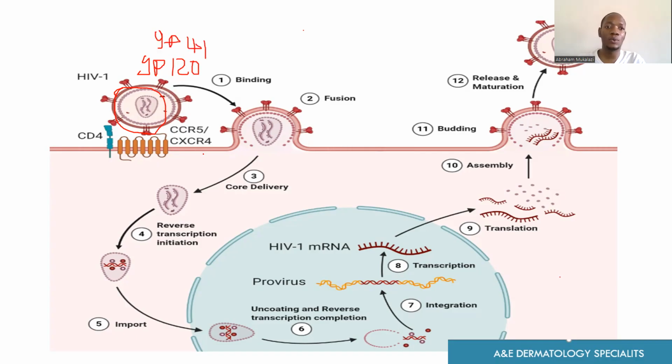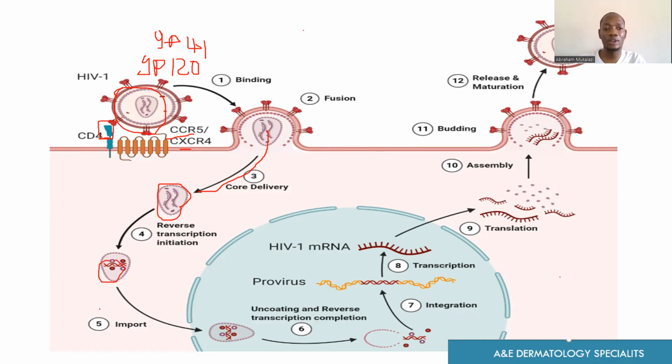These will bind to the CD4 receptors on the cell, plus the accessory receptors that help the binding, that is the CCR5 and the CXCR4 receptors. After they have bound to these receptors, the genome will be released into the cell, and when that happens, it will undergo reverse transcription to convert it back into DNA.